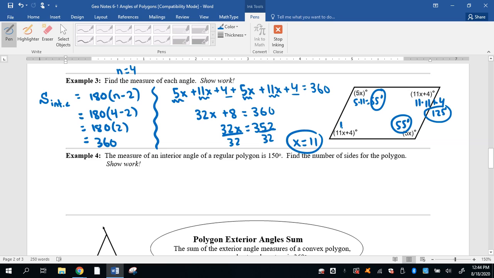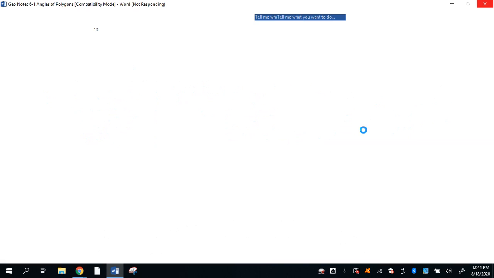One thing I want to give you a preview of: later on in this chapter, we're going to be talking about properties of parallelograms. A property of a parallelogram is that we have two pairs of opposite congruent angles, and that's what we see right here. Okay, so we're done with this problem, and now we're going to move on to a tougher problem, which is we are going to be using some algebra.